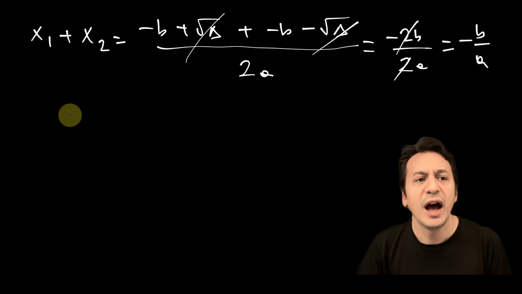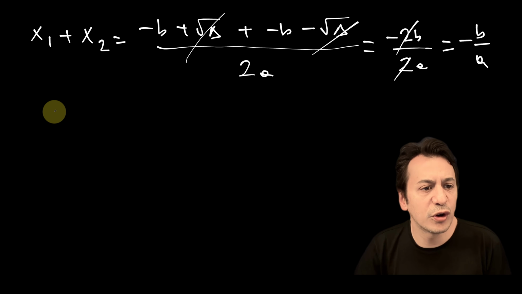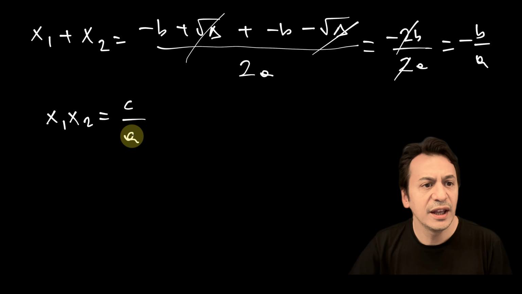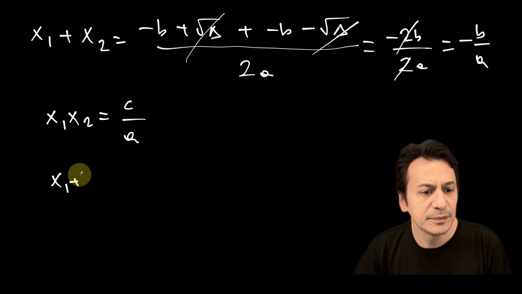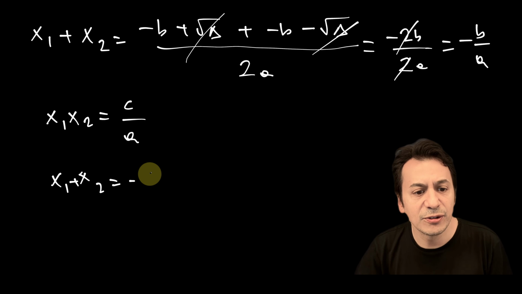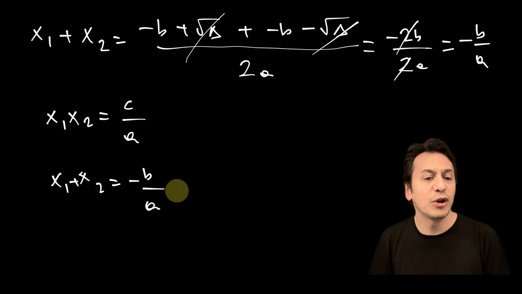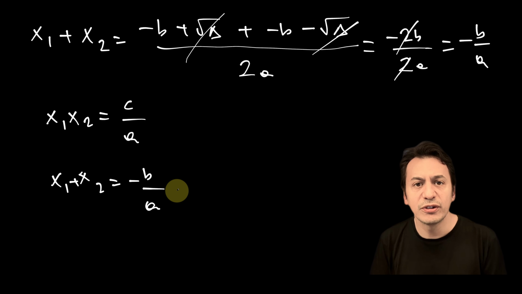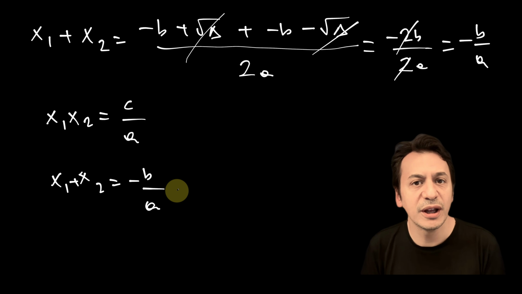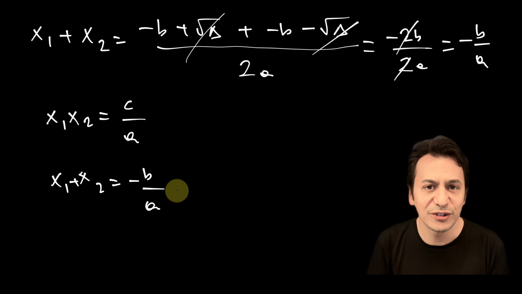So now I have two formulas. First one, when you multiply them, it's c over a, and when you add them up, it's minus b over a. So these are the consequences of the quadratic formula, but it has many other consequences.